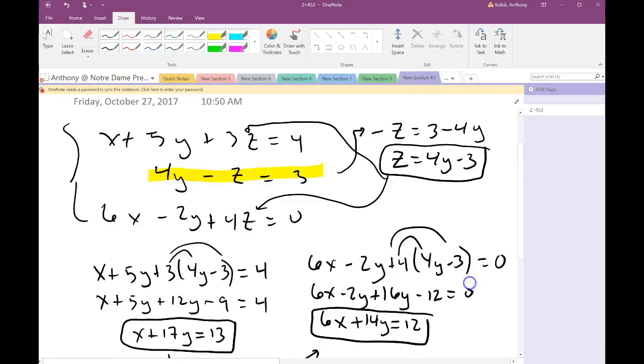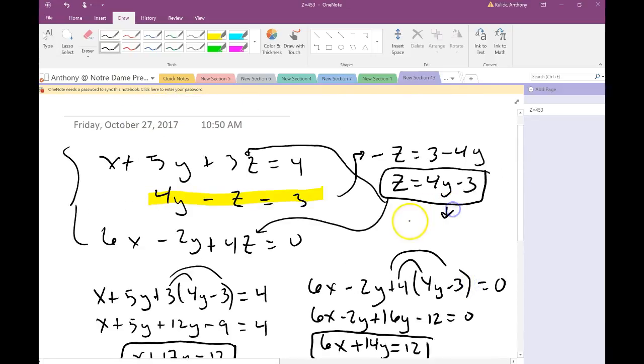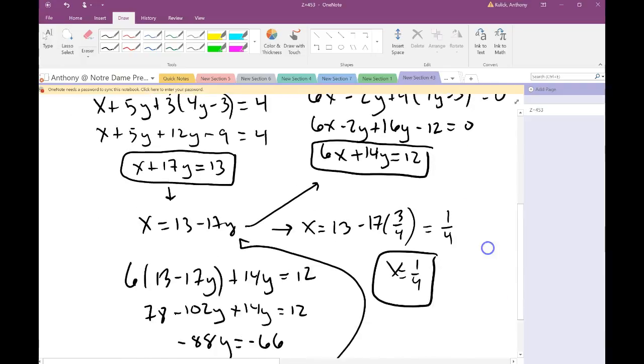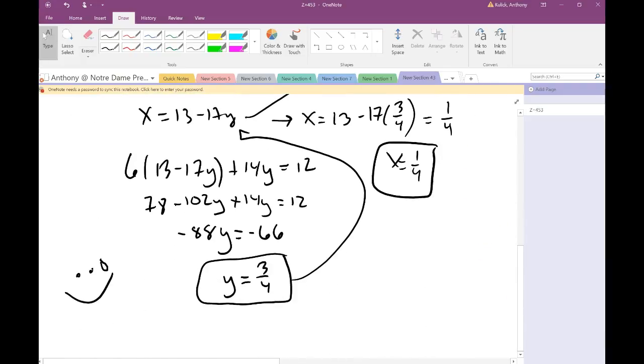And then once I have those two, I can go back up here and I can get 1. That's what I got for z. That's x. So I have 1/4, 3/4, 1.